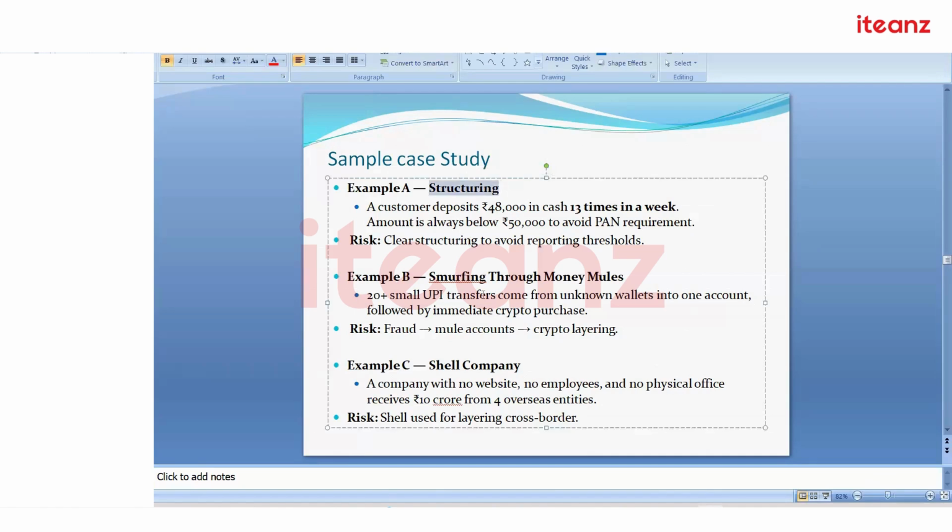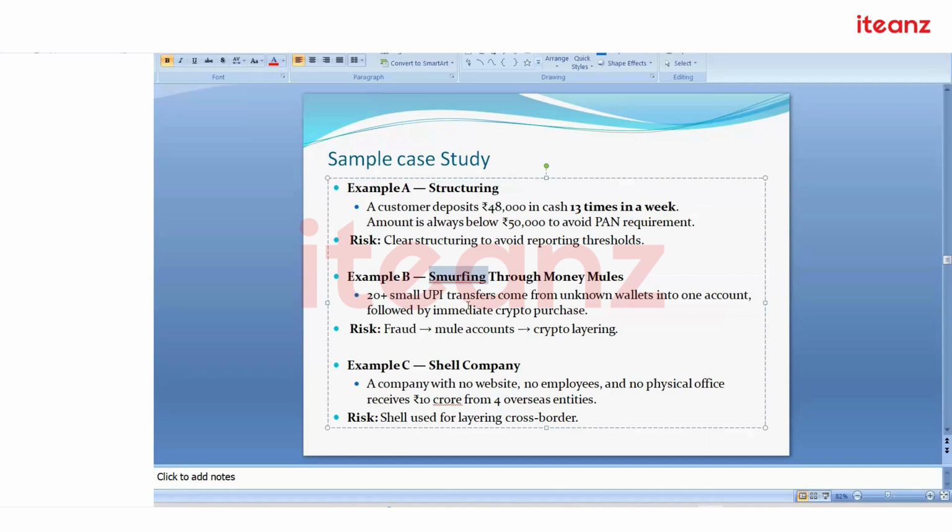Then comes smurfing. Smurfing is where they divide the transactions into small amounts across multiple people.